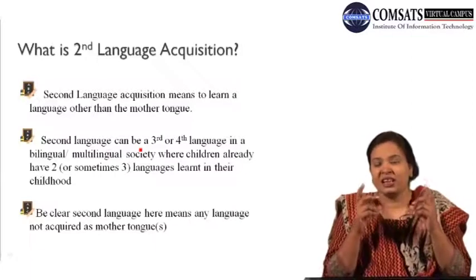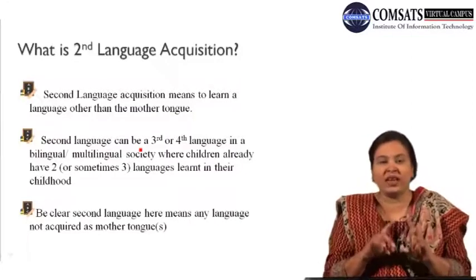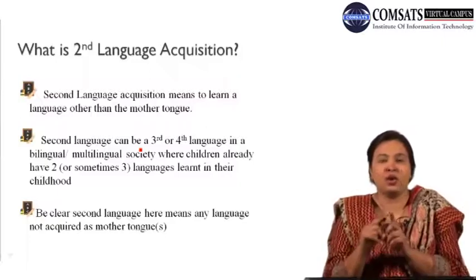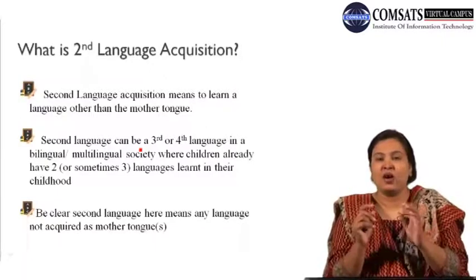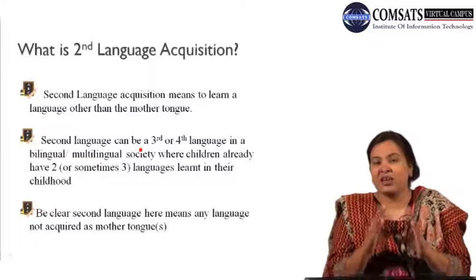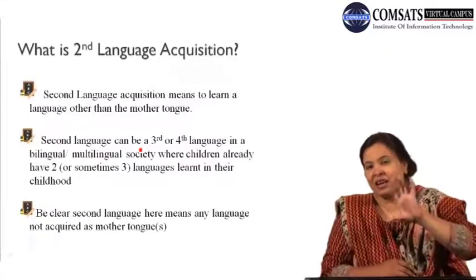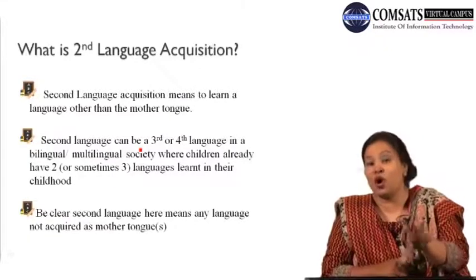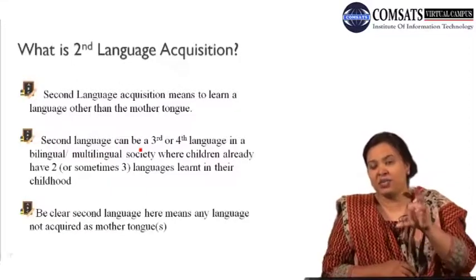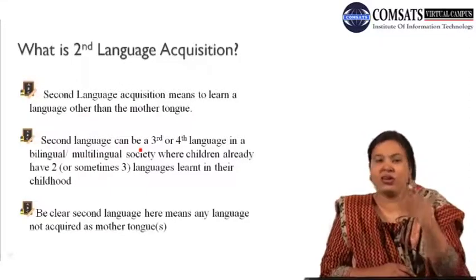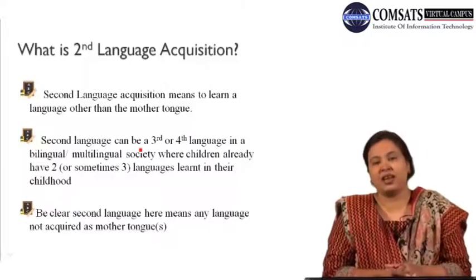So the second language over here does not mean the very second language that I learned after the first language. Rather, the second language means that after acquiring the native language or languages, after some time I tried to learn another language. That would be a second language.